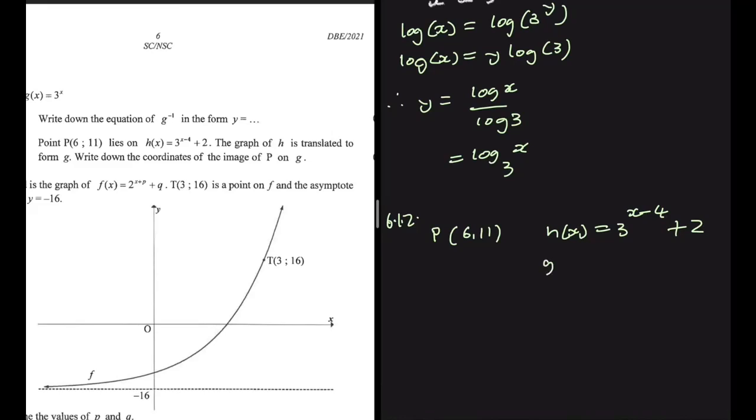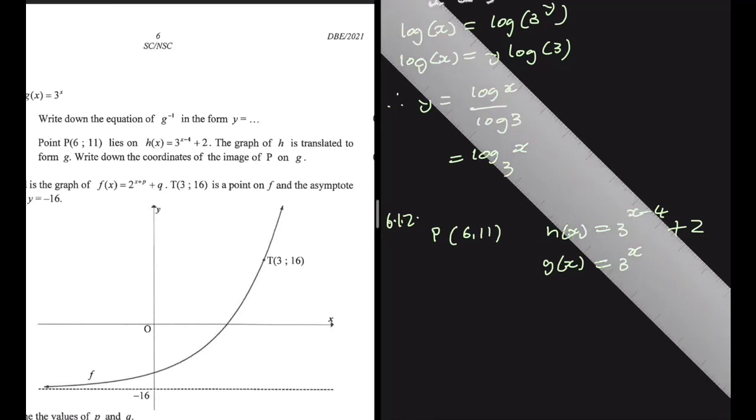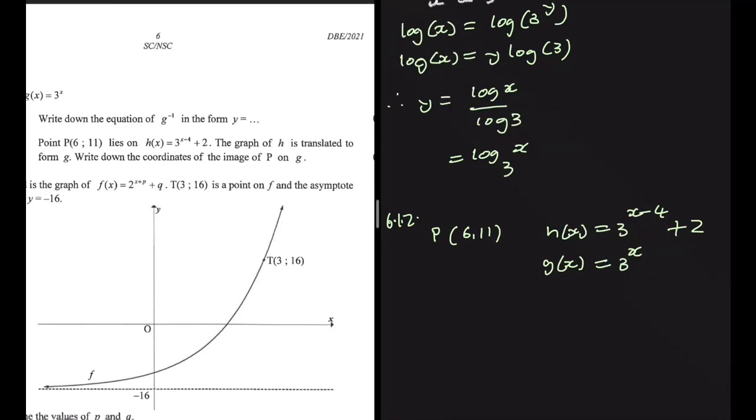We know that g of x is equals to 3 to the power x, right? So now the question is saying, let's write down the coordinates of the image of P on g. So we need to translate P, right? The same way h of x is being translated to g. So let's call this P prime and see what we have.